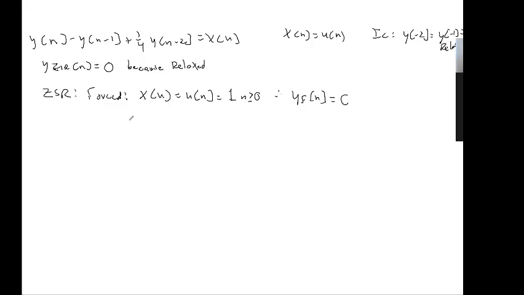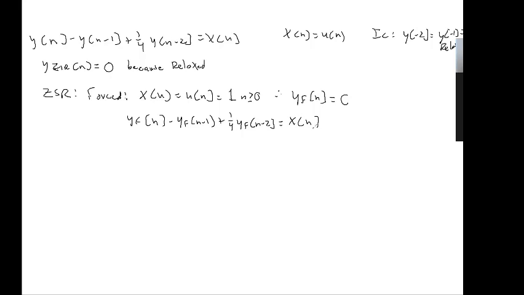We plug that into our difference equation. So y forced of n minus y forced of n minus 1 plus 1/4 y forced of n minus 2 equals our input x of n.